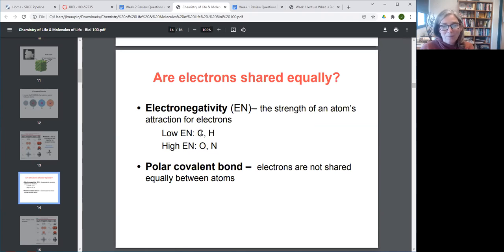Carbon and hydrogen have a low electronegativity, which means they don't have a very strong pull on the electrons. Oxygen and nitrogen have a high electronegativity. They are pulling strongly. So if oxygen is bound to carbon, oxygen pulls more strongly and gets the electrons most of the time.